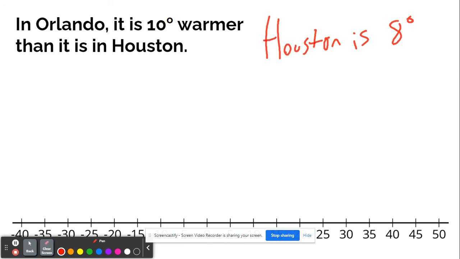Well, if it's warmer, we said the temperature is going up, and that's increasing. We know increasing means add. So we're starting with Houston, which is 8 degrees. Orlando is 10 degrees warmer. So 8 plus 10 is 18. And that is it. So this would be number 1 if you're going to number it. So number 1, 8 plus 10 equals 18.